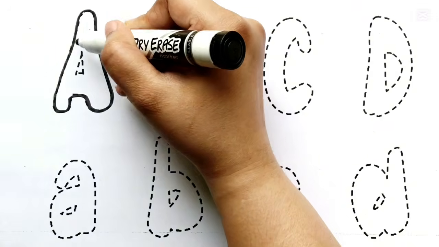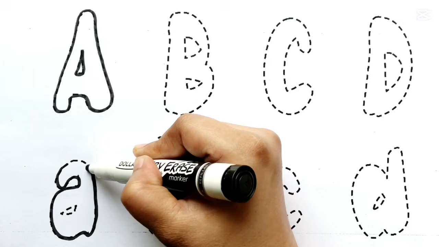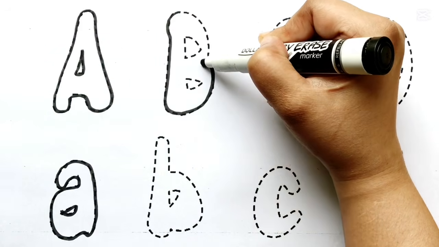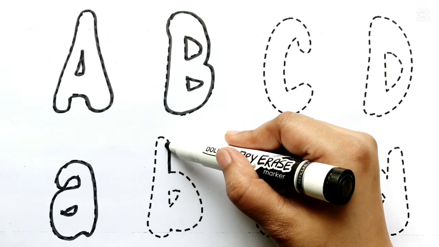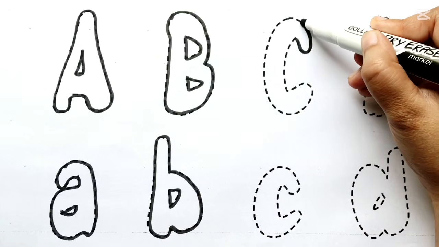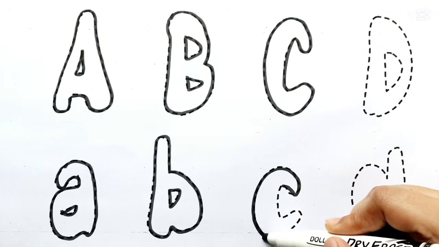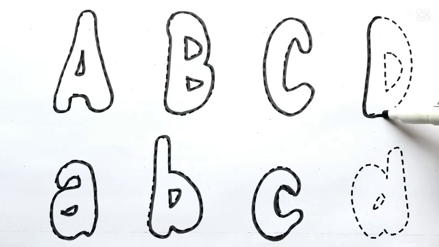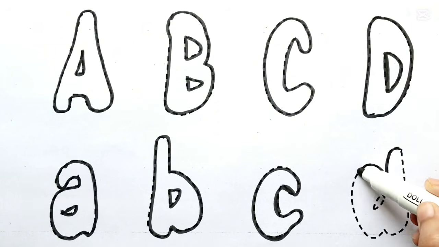Capital letter A. Small letter A. Capital letter B. Small letter B. Capital letter C. Small letter C. Capital letter D. Small letter D.